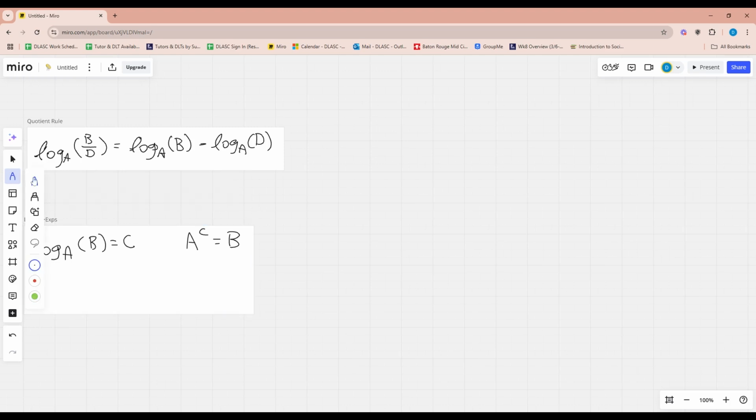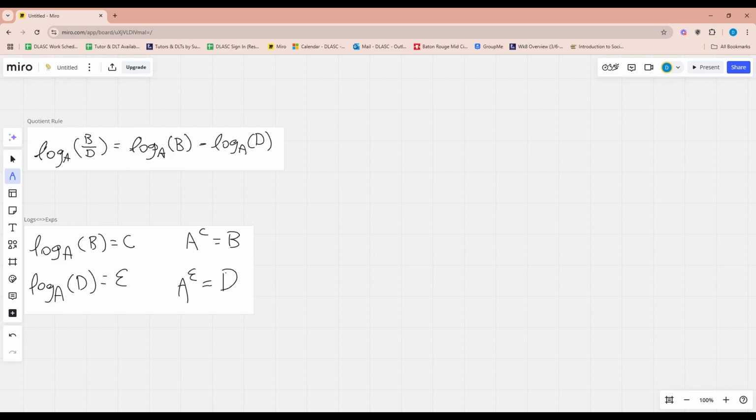If I recall correctly, that expression was log base a of d is equal to e. Again, we know that if that is true, then it must also be true that a to the e is equal to d.